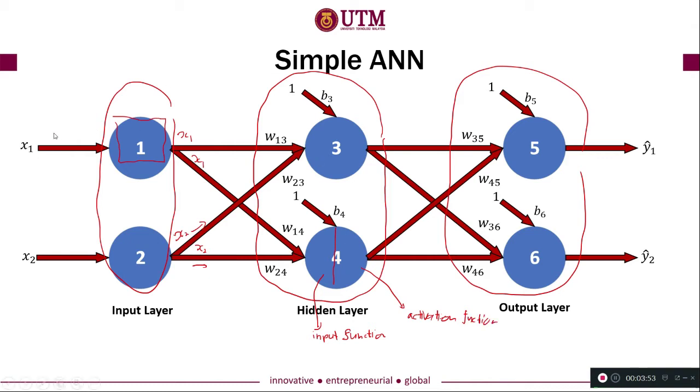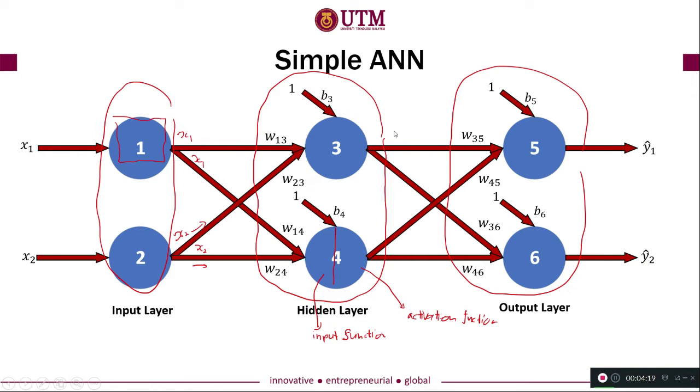It means the process is direct. X flows through this point and goes towards this arrow and this arrow. So there is no input function and activation function, because that is not a neuron, or not a node.